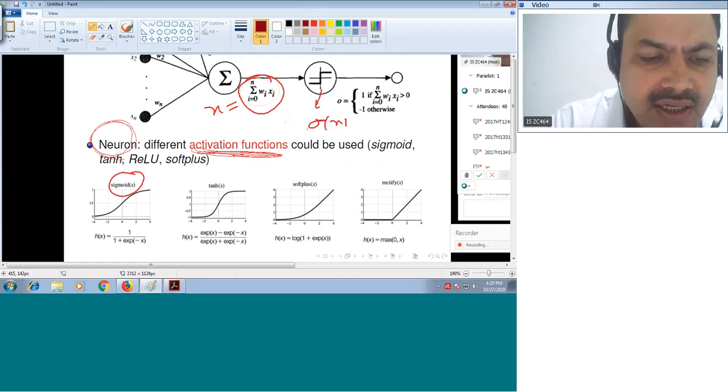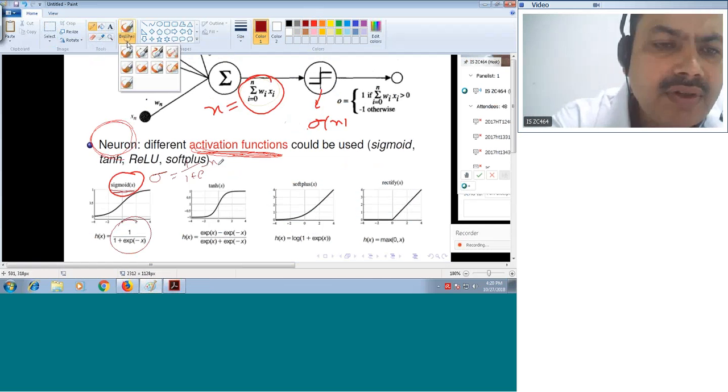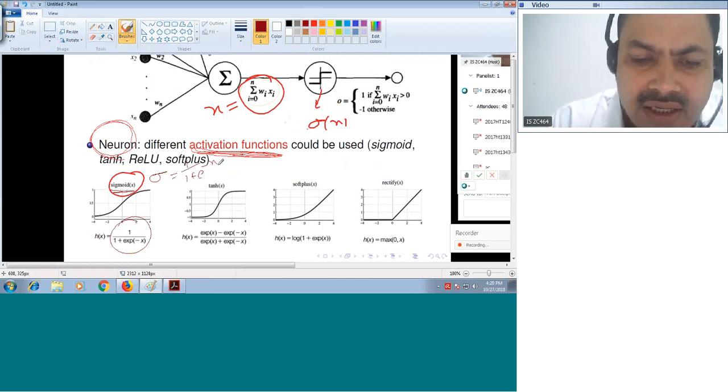One choice is the sigmoid function, which we know is 1 upon 1 plus e to the power minus x. Similarly, other functions are possible, such as the tan h, hyperbolic tan. The equation is e to the power x minus e to the power minus x upon e to the power x plus e to the power minus x.